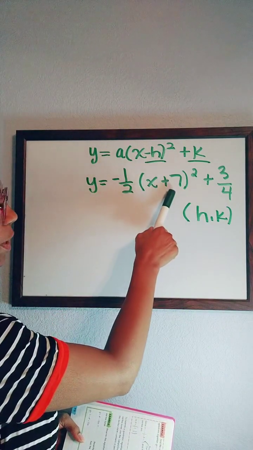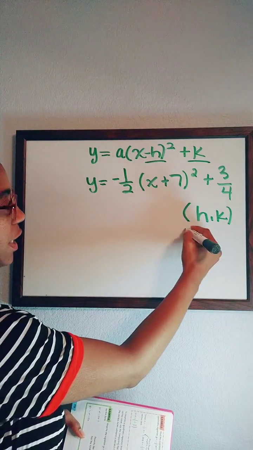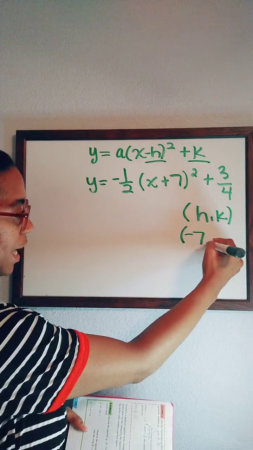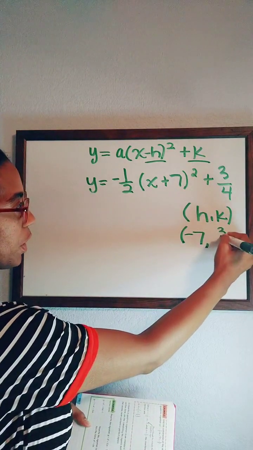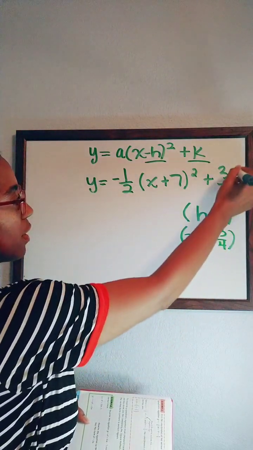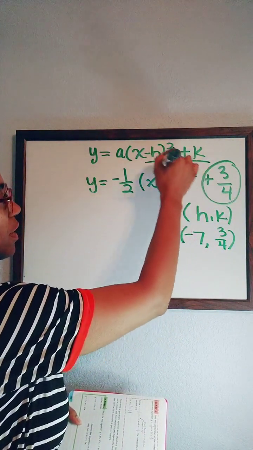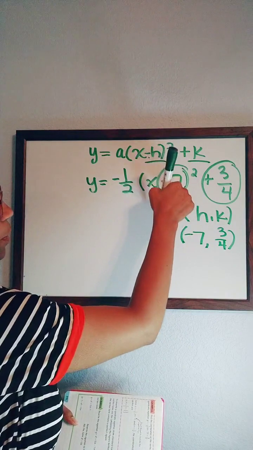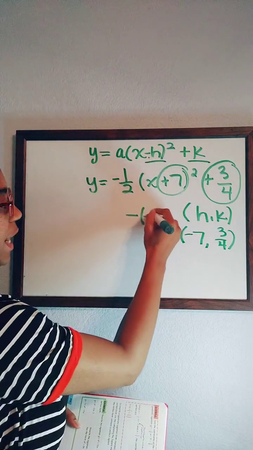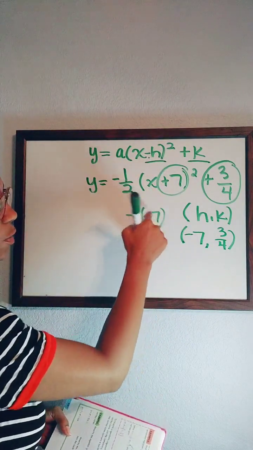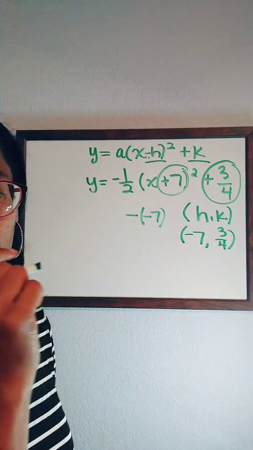So a negative times a negative would be a positive. So what this is going to end up being is negative 7 and 3/4. Remember, this is a negative right here. So that means when they put it in here, it was actually a negative 7. So that's why it ended up being a positive.